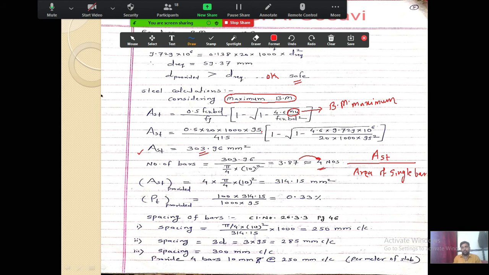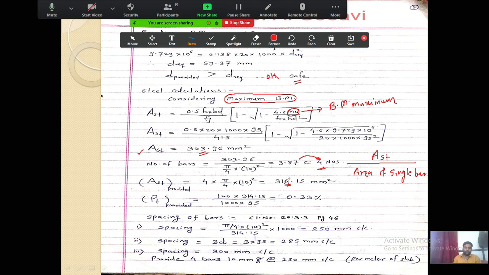One bar has diameter 10 mm. We assumed initially the bar diameter as 10 mm. So it is pi by 4 into 10 square, the area of a single bar, multiplied by 4 bars. This is the Ast provided: 314.15 mm square.